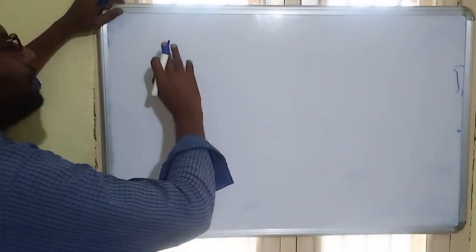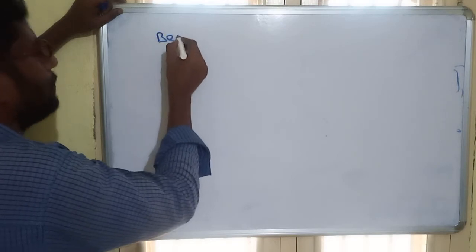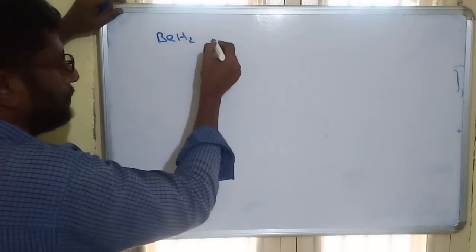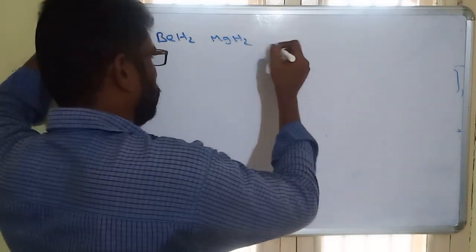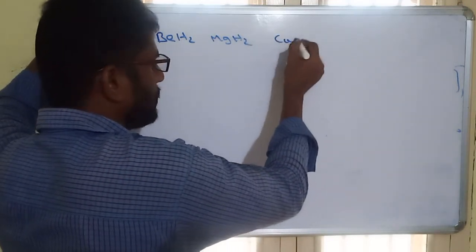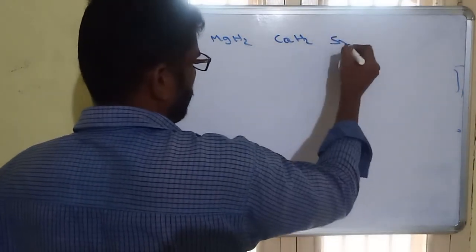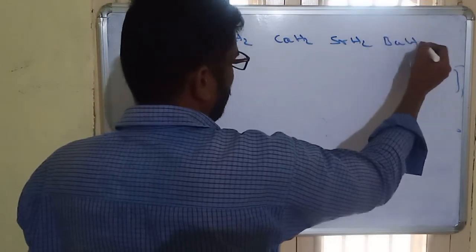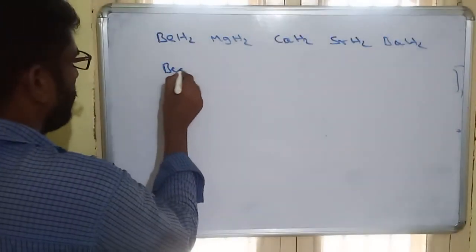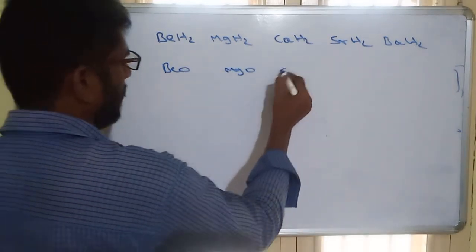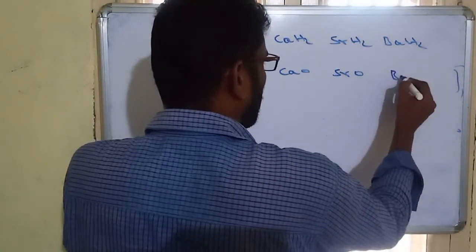See this, mostly from the second group they will ask. We are taking beryllium hydride, magnesium hydride, and calcium hydride, beryllium, magnesium, calcium, strontium, barium. Like that we can take oxides also: beryllium oxide, magnesium oxide, calcium oxide, strontium oxide, barium oxide.